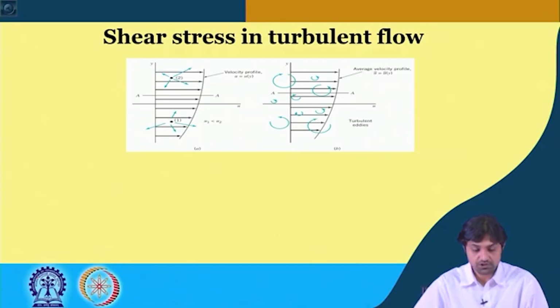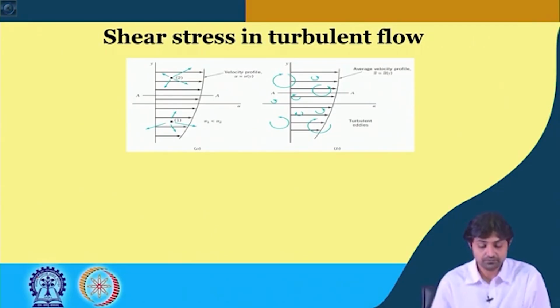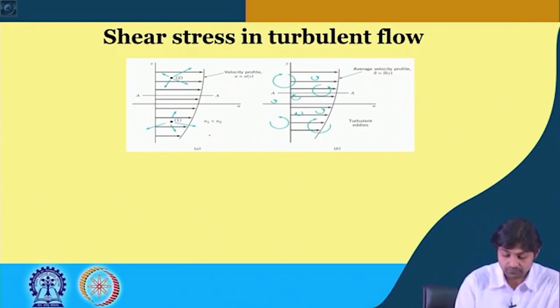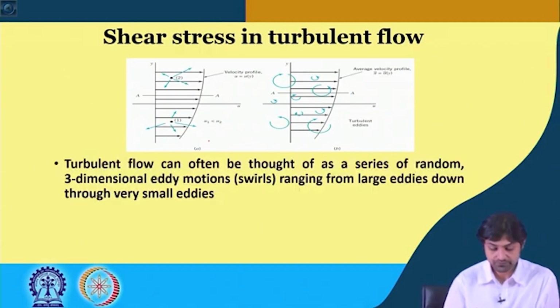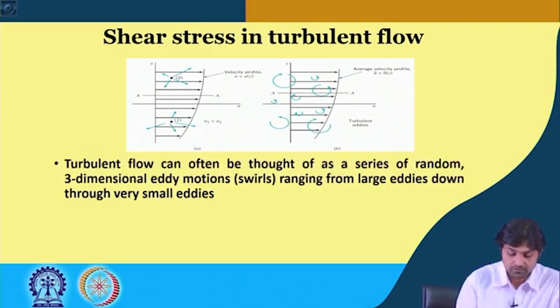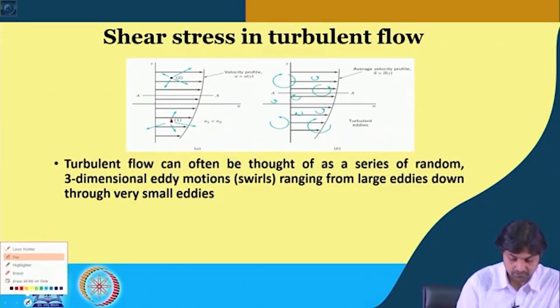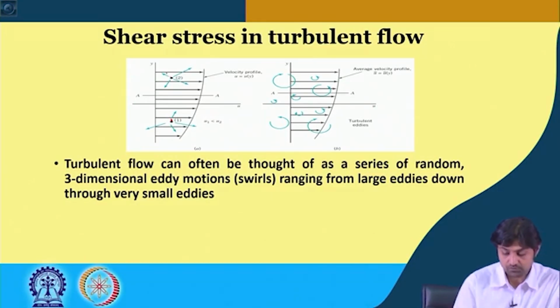Now talking about shear stress in turbulent flow. There are two sub-figures, A and B. This represents a particle having random velocities at a point 2, this represents a normal velocity profile, and this represents an average velocity profile.